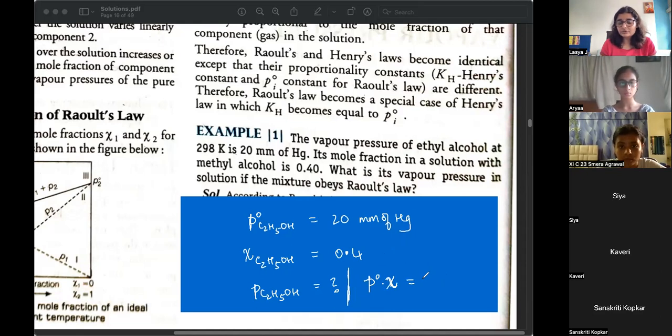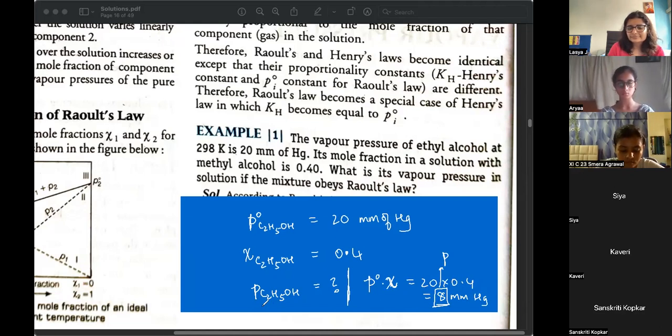You multiplied 20 times 0.4, that is 8 mmHg. But what is this essentially? What did you get on multiplying? That is P1, and that's what you're supposed to find out.